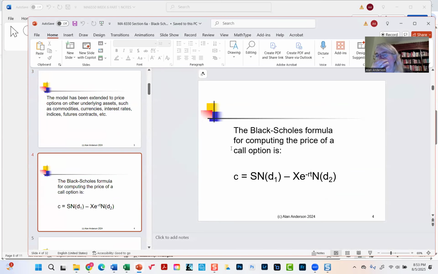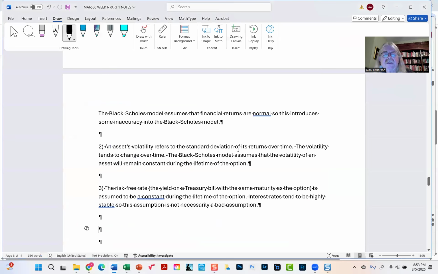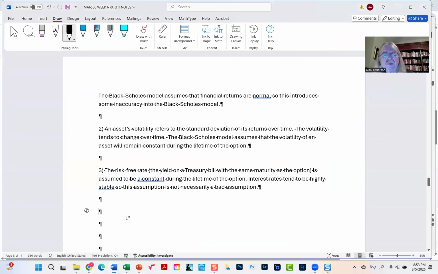Yes, so as I mentioned before, the model was extended by Merton to price other types of assets. By the way, the one thing we haven't mentioned here yet is this: what about puts? The Black-Scholes model was designed to price calls. What about puts?